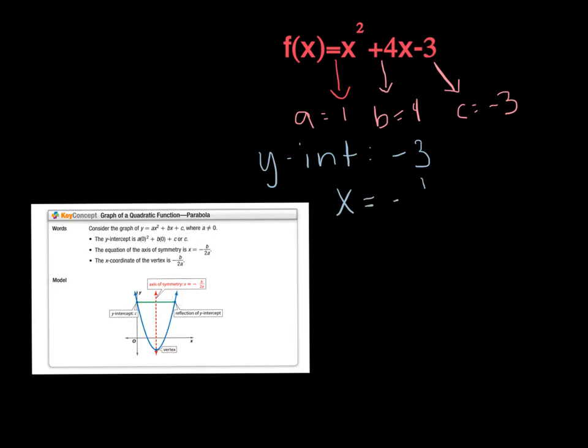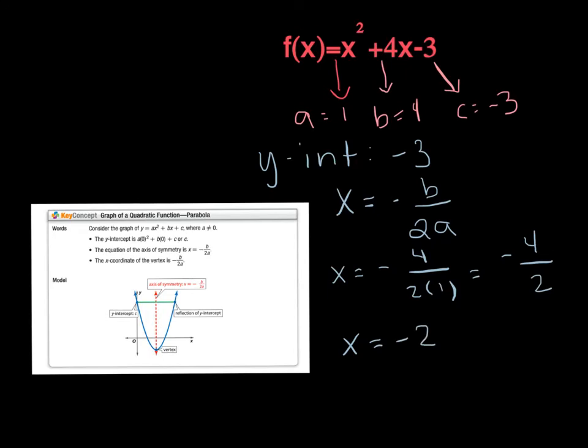We know what our a and b are, so we just need to plug them into the equation. We get x equals negative 4, since 4 is our b, over 2, since 1 is our a. Negative 4 divided by 2 gives us negative 2. So x equals negative 2 is our axis of symmetry.